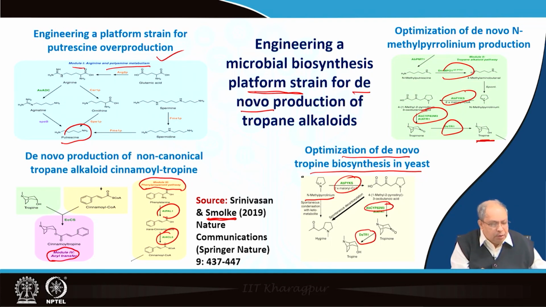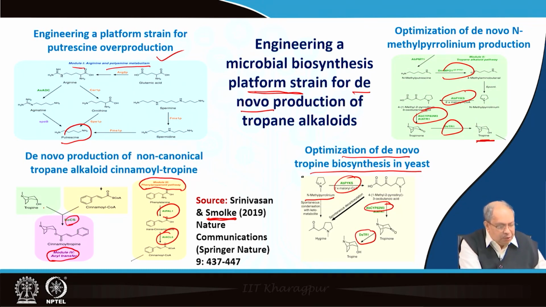And for module 4, what they did was make an ambitious attempt to see whether they can make cocaine in the yeast. Cocaine is basically produced in Erythroxylum, so they took an Erythroxylum cocaine synthase gene and put it in the yeast.